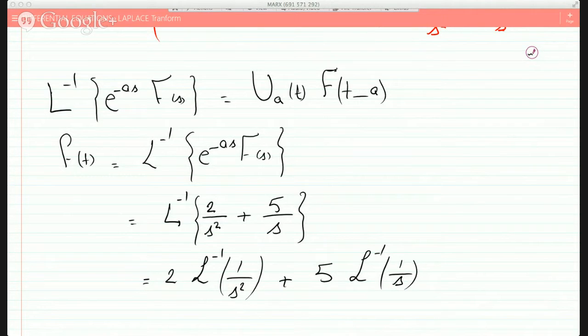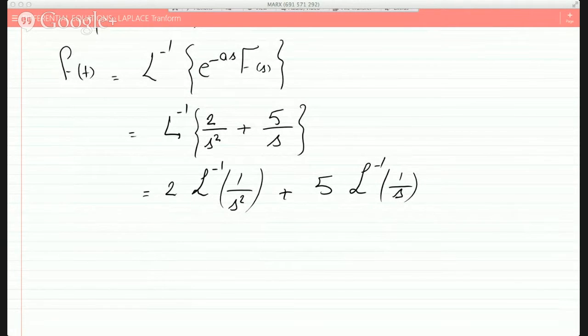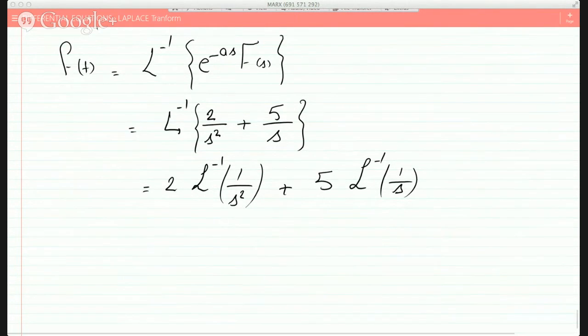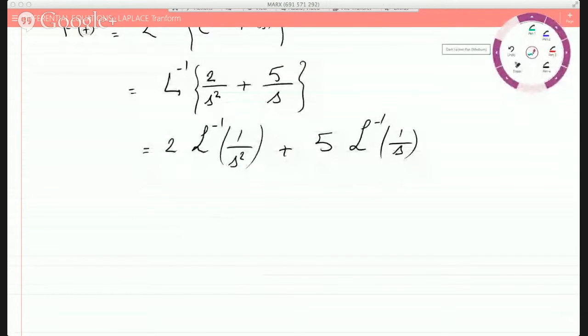And now, if you look at the tables, 1 over s squared is right here. Let's find it. It's right here, okay? Number 7. So now let's continue here in green.